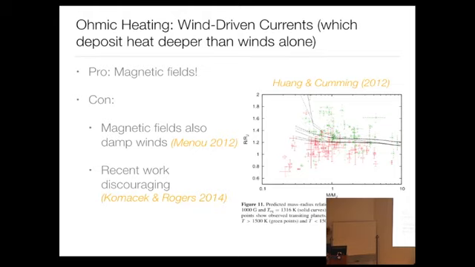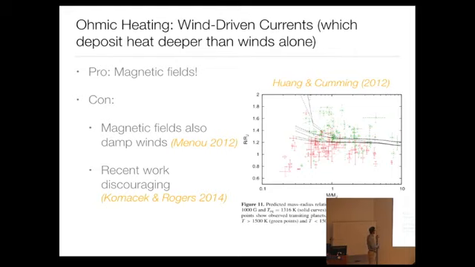The ohmic heating problem is a very enticing mechanism that we've also heard about. It has the potential of driving currents that dissipate deep into the planet. The problem is that these magnetic fields also damp the winds that are necessary to drive the currents.